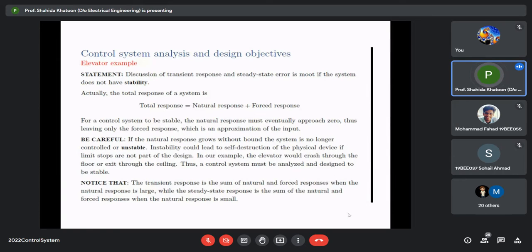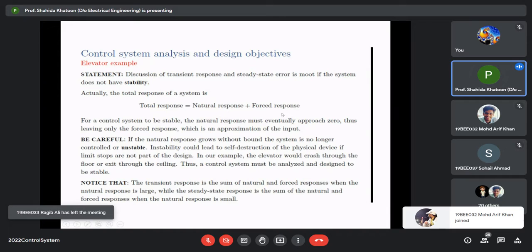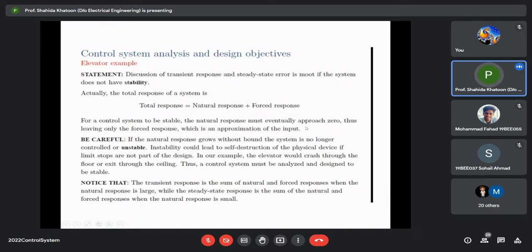So actually the total response of the system is natural response plus forced response. For a control system to be stable, the natural response must eventually approach zero, thus leaving only the forced response, which is an approximation to the input. But you have to be very careful if the natural response grows without bound and the system is no longer controlled, or the system becomes unstable, right?